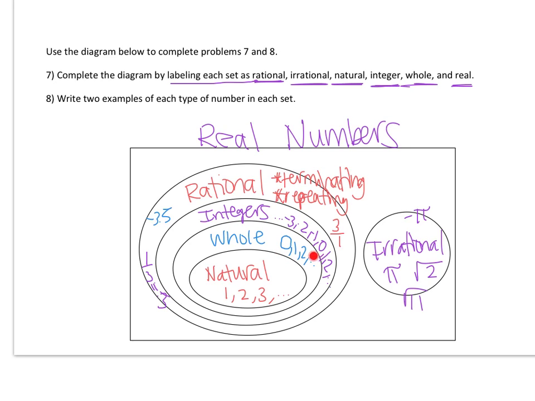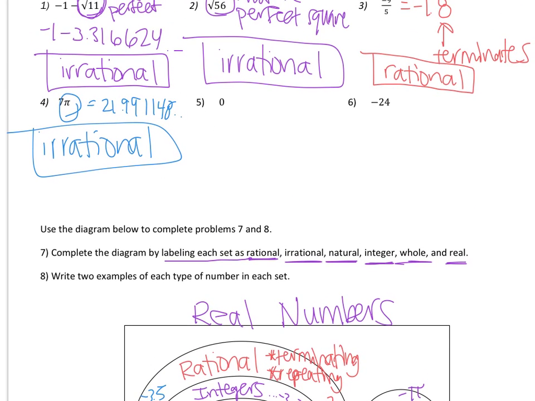It is also an integer, and it also is going to be considered a rational number because you could rewrite that as a fraction, 0 over 1, and it still equals 0. It terminates. So it's actually going to have 3 solutions. It will be a whole, an integer, and also a rational number.